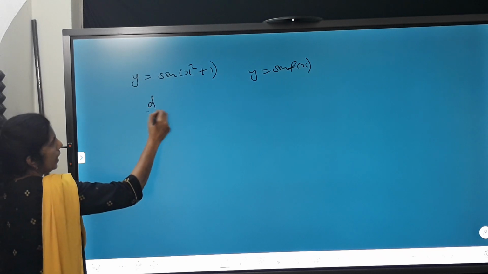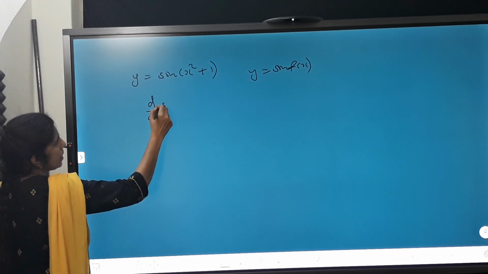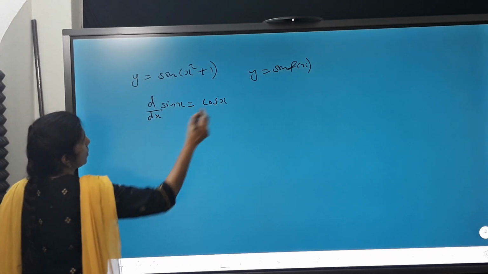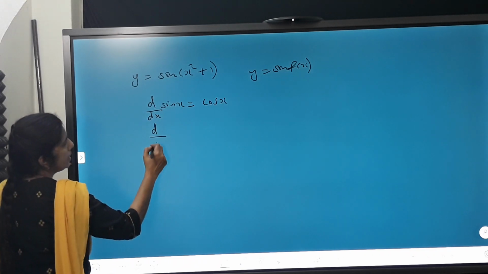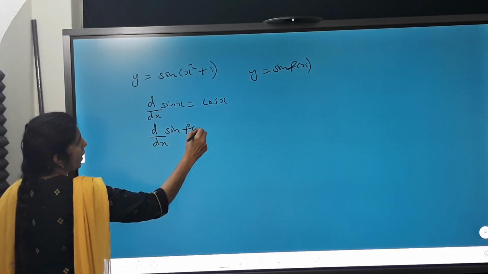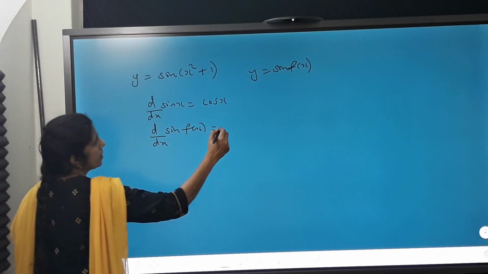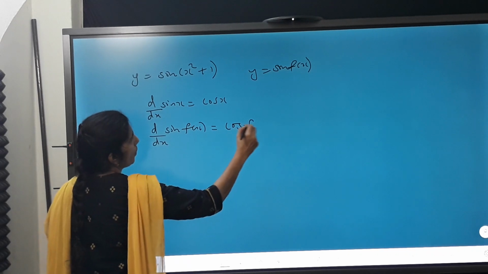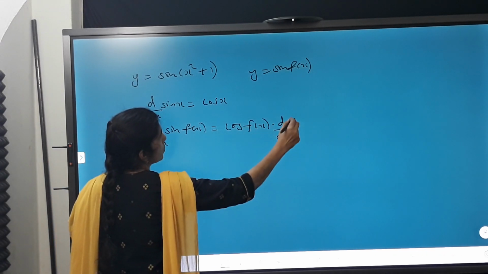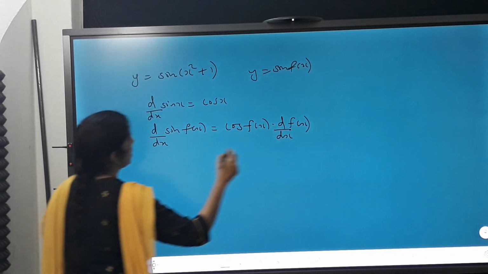See, we have d by dx of sine x is equal to cos x. So the direct formula is d by dx of sine f of x. You can write it as cos of f of x into d by dx of f of x.